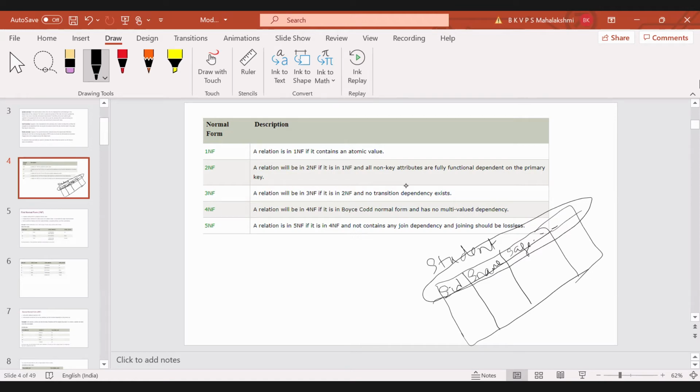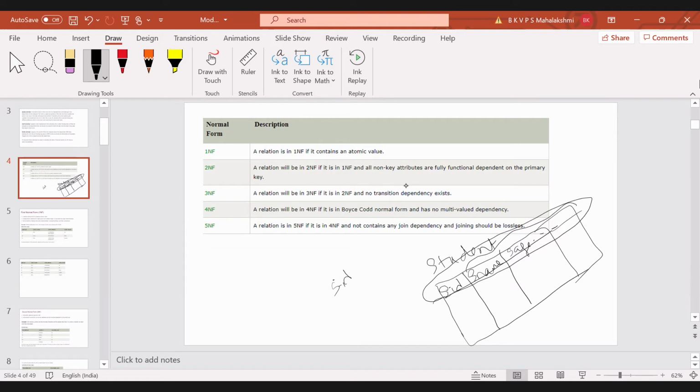Key attribute. Yes, SID, ma'am. So SID, very good. SID is a primary key attribute. So the rest of all the attributes are non-prime attributes, nothing but non-key attributes.